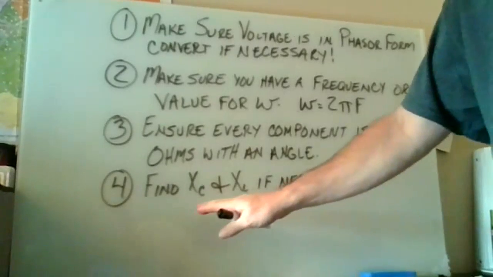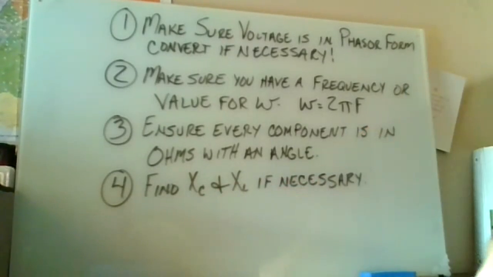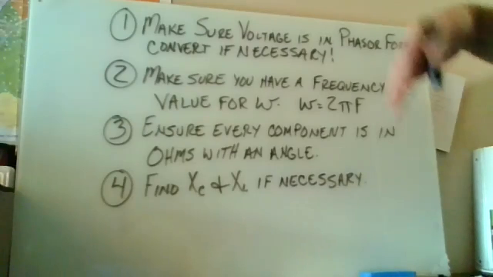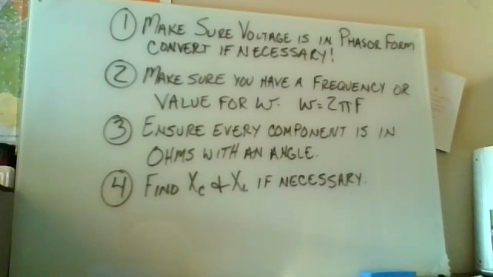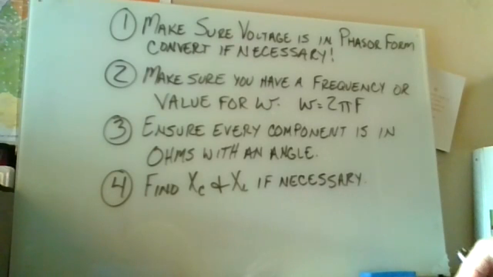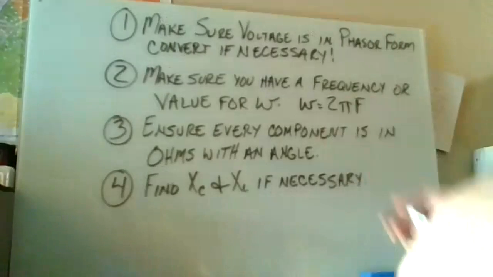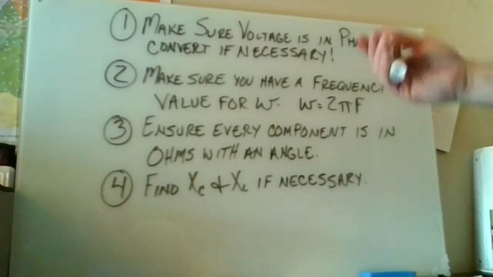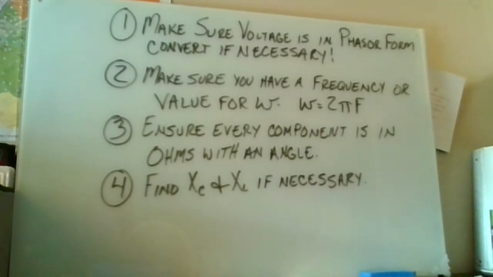I just gave you x of c because I put it in ohms. You just need to put the angle on it. And we know capacitors always have an angle of -90. So if I give you ohms, you just put a -90 on it, just like you do with the resistor, you put a 0 on it. Okay.